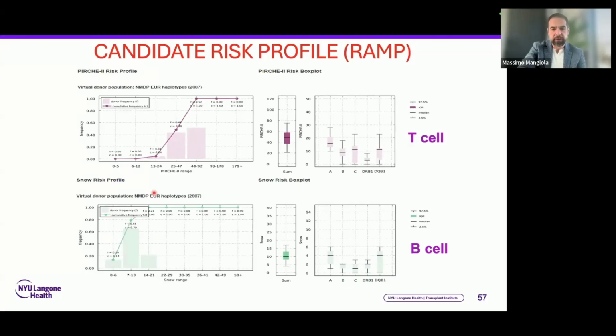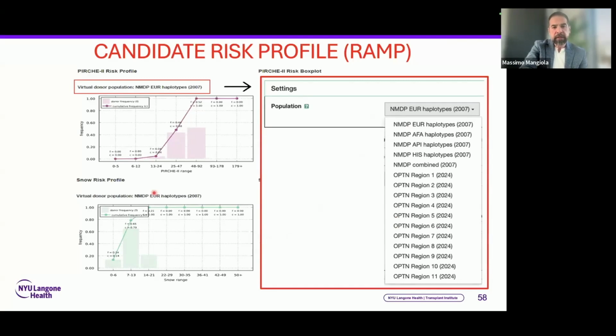We're going to go through those so you can see what they mean, and also how I perhaps use them, which is just my way, it doesn't have to be necessarily your way. The first thing I want to tell you is that you can change the population. So PIRCHE has several ways to score these. You can do it by a DP, you can do it by your OPTN, and you can do the combined DP or OPTN by population, and you can do it by region.